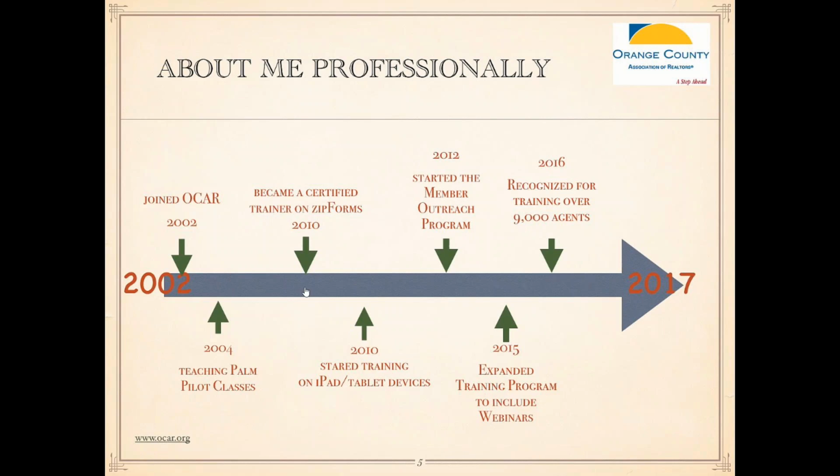Maybe we add in the shapes and make a timeline. From when you got into the business to now, name off some of the key points that you've done in your business career. Maybe when you joined Orange County, when you got your license, when you got your certifications and designations, things like that.